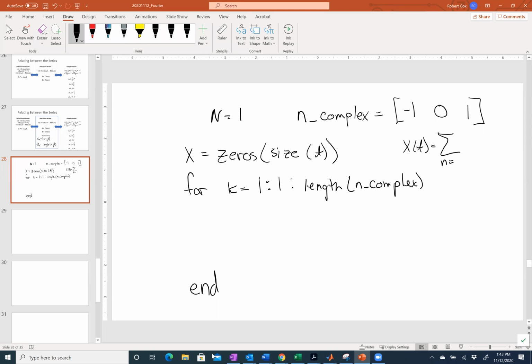In terms of the way that I'm writing this code, if n equals 1, what little n value am I starting at? Not negative infinity. -1. I'm starting at -1, and I'm ending at 1. And I'm basically saying alpha n e to the j n omega naught t, like that.